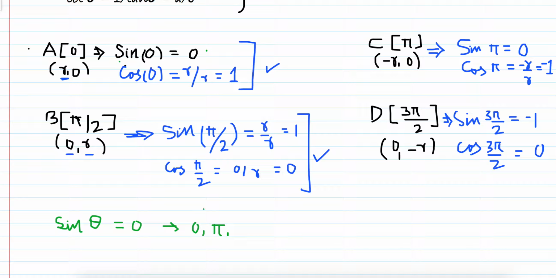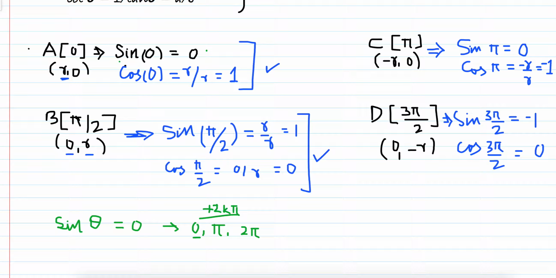If we add 2 pi to any of the values, it remains unchanged, 2k pi. Next we add 2 pi to 0, it will become 2 pi.